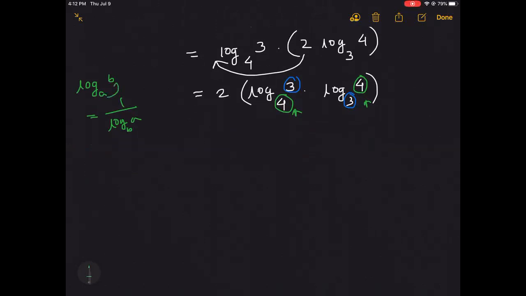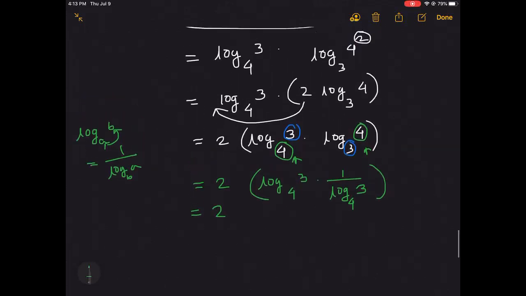As you can see, it will change its position. So we can use that property for either of these. Doesn't matter. I'll use this for the next one. So it will be now log 3 base 4, and we can cancel this. So our final answer will be 2, right? So that is your problem.